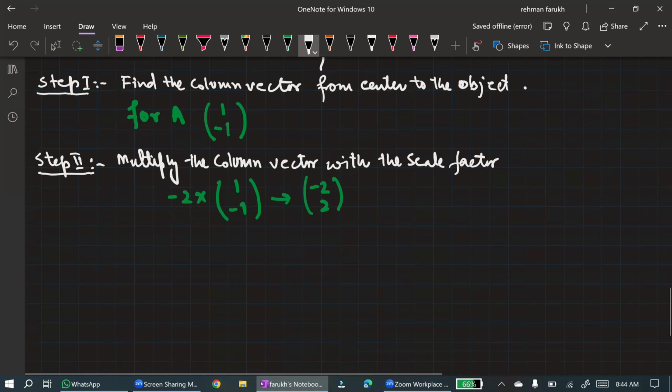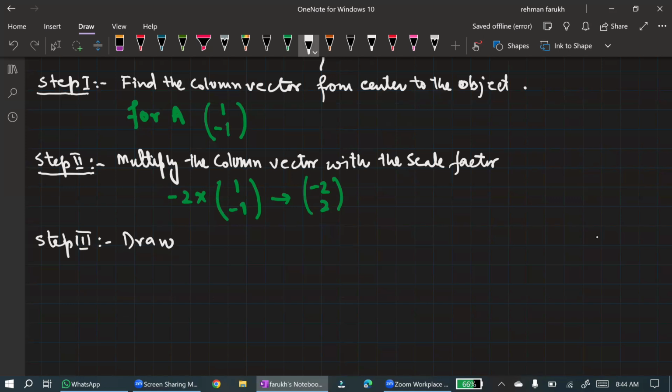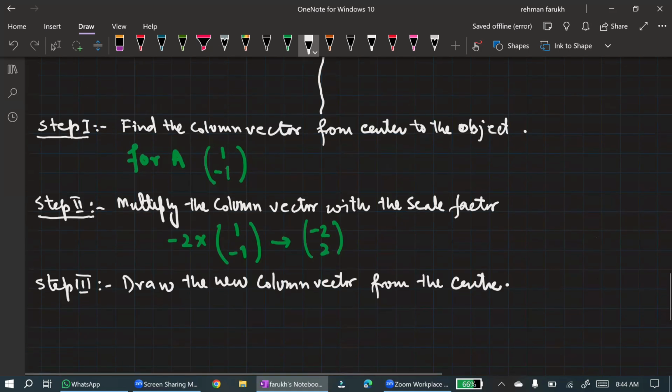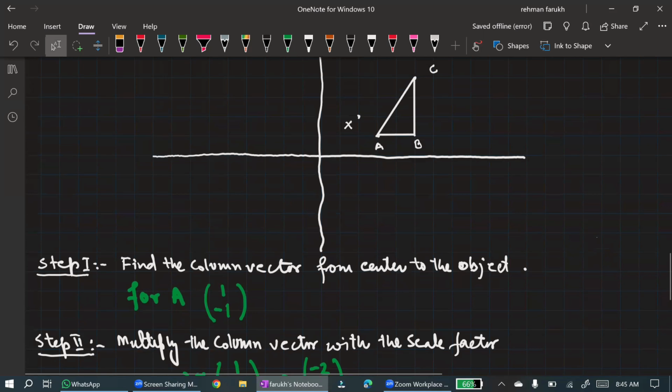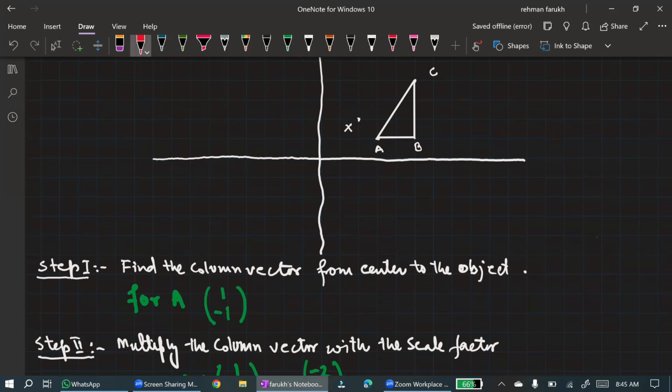Step 3. Draw the new column vector from the center. Center is X. Now we will draw minus 2 and 2 from the center.